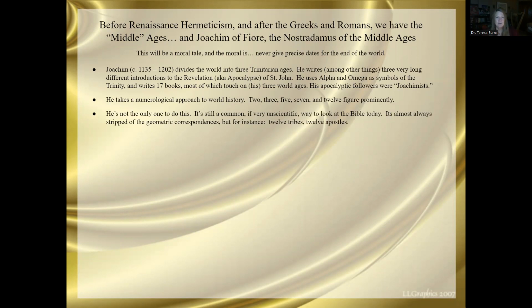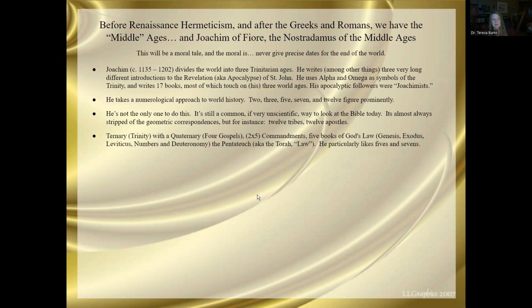If you Google Bible code or prophet code or 5s in the Bible or 12s in the Bible, that's a very common, though very unscientific way of looking at the Bible. One of the problems that I have with it is if you are using it in a Hermetic text, it's usually stripped of geometric correspondences. But for example, you would have the 12 tribes of Israel, 12 apostles.